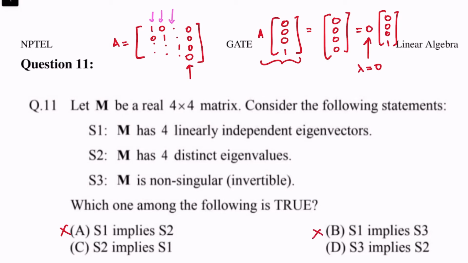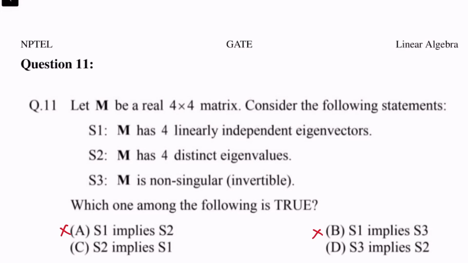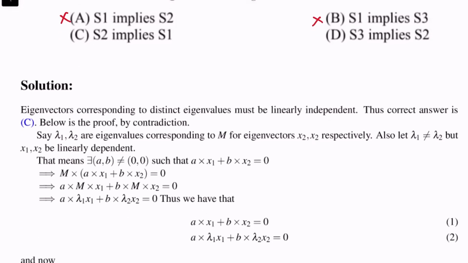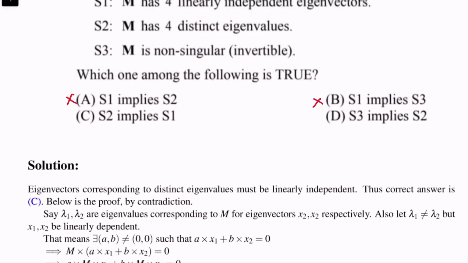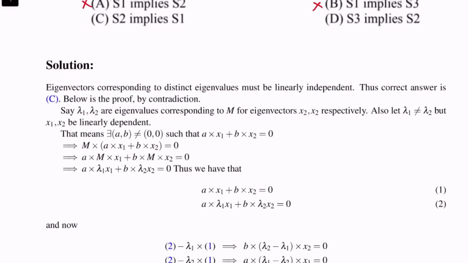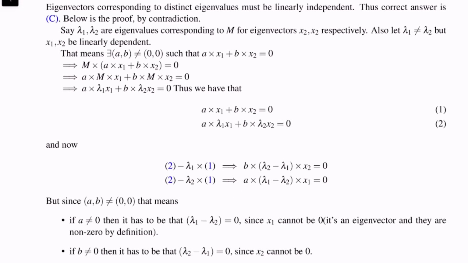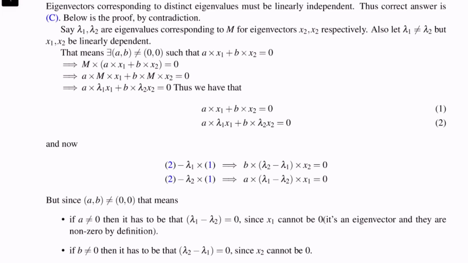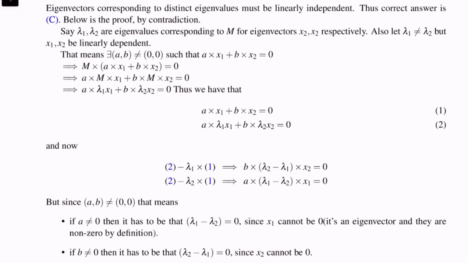Now option C is true, and for that you can find a proof here. Option C says S2 implies S1, that is, if M has 4 distinct eigenvalues, M has 4 linearly independent eigenvectors. The reason that is true is because eigenvectors corresponding to distinct eigenvalues must be linearly independent. What does this mean?